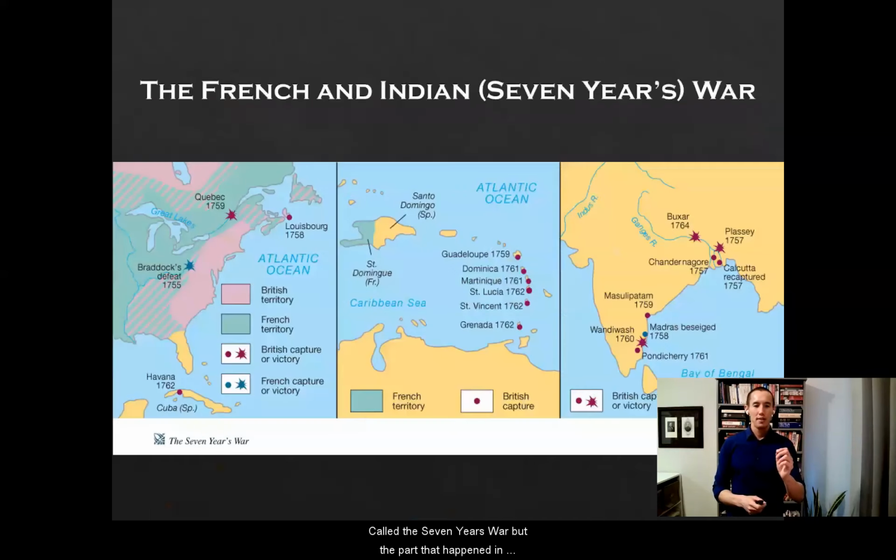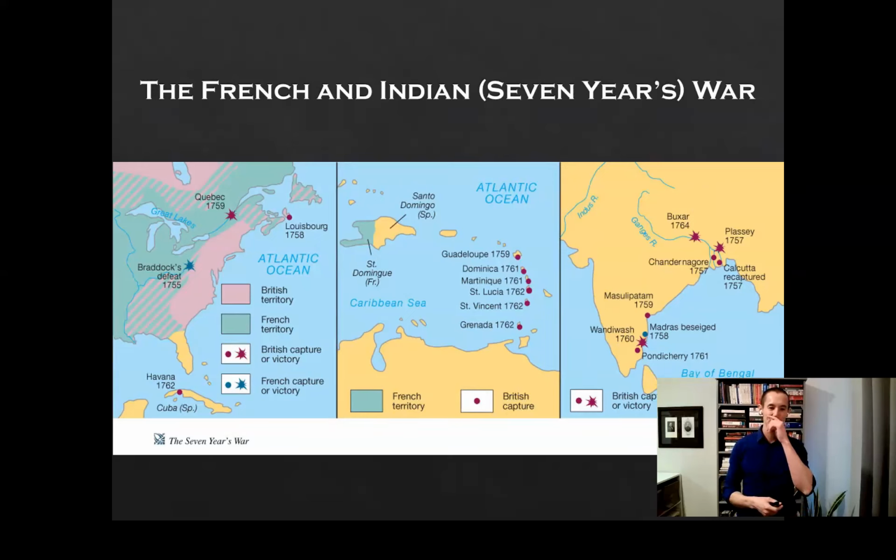It's called the Seven Years' War, but the part that happened in North America is called the French and Indian War. The French and Indian War will specifically be in North America, and it is England versus France. During the French and Indian War, the colonists will be part of the war. Colonists will be responsible for helping start the fighting.